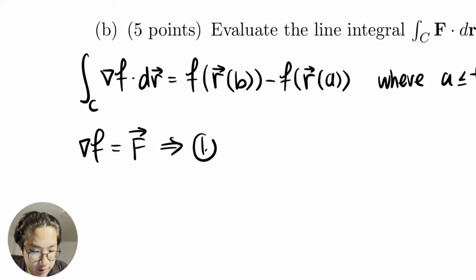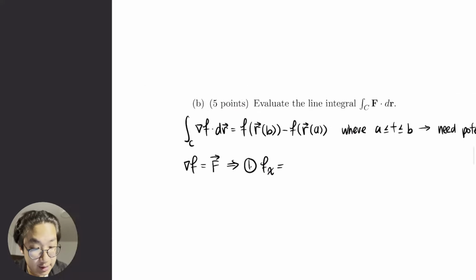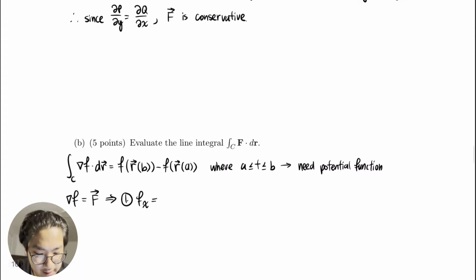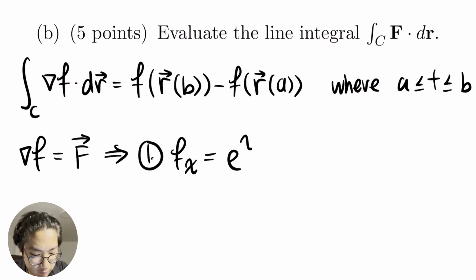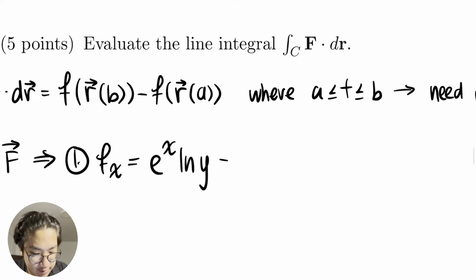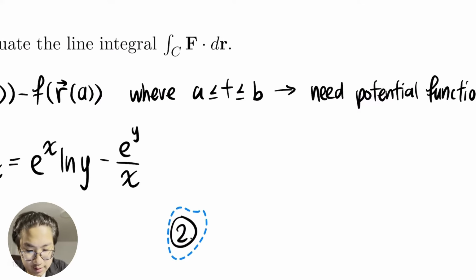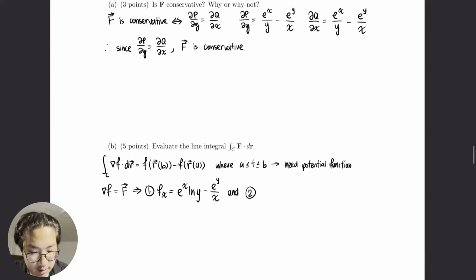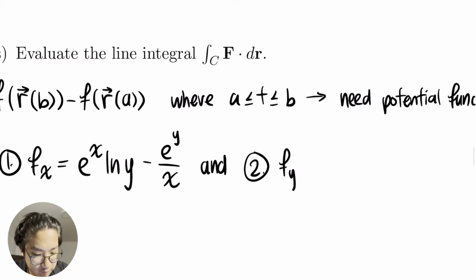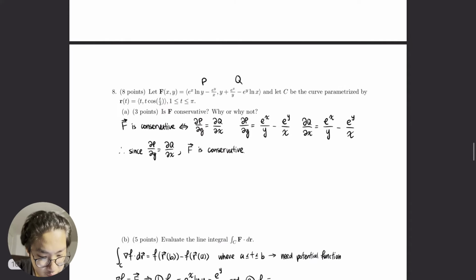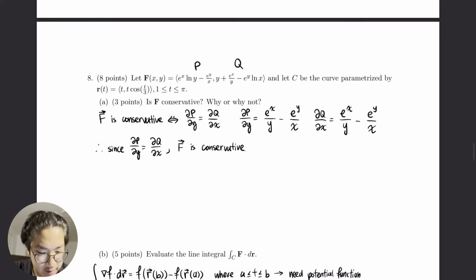So one, f sub x has to equal P, so e to the x ln y minus e to the y over x. And then two, f sub y must equal this function here, y plus e to the x over y.